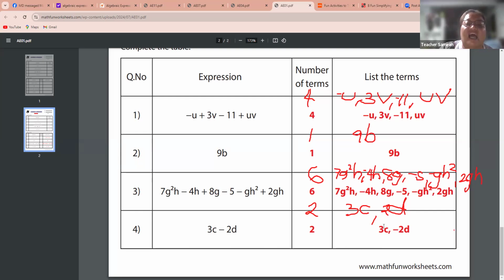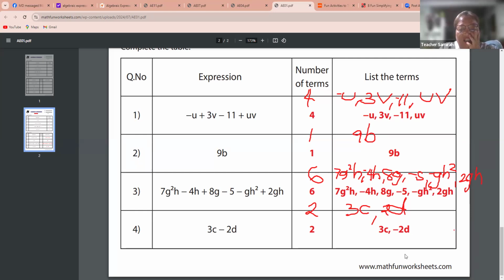And then the terms: you were able to give me negative u, 3v, negative 11, and uv. For question number 2, you got 9b. For question number 3, 7gh squared, g squared h, negative 4h, 8g, negative 5, negative gh squared, and 2gh.